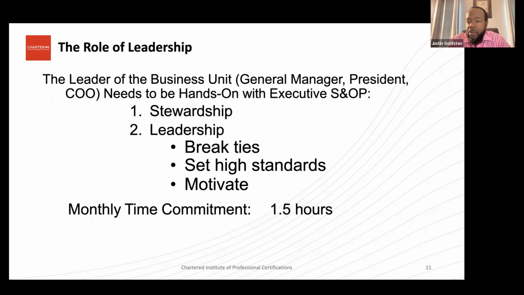Now, because we're breaking down those silos, because sales and marketing is working with finance, they're working with production to ensure that they can meet those sales forecasts, then customer service is going to increase. We look to no longer have those stockouts because everyone's on the same page.